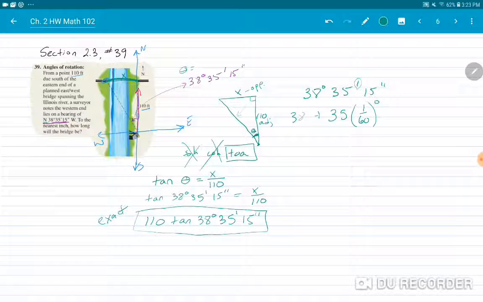Keep that 38. And each one of those 15 seconds, so I'm going to replace the seconds with 1/3600th of a degree. And that gives me 38. Let's get a calculator out for that part.